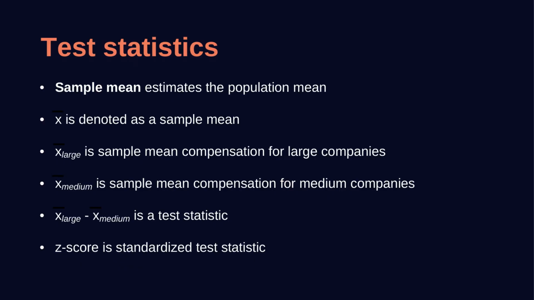Even though we don't know the population mean, we can estimate it using the sample mean. We use X bar to represent a sample mean, and the subscripts indicate which group the means come from. The difference between the two sample means serves as a test statistic in our hypothesis test. The z-score we looked at in the first part of the video is an example of a standardized test statistic.